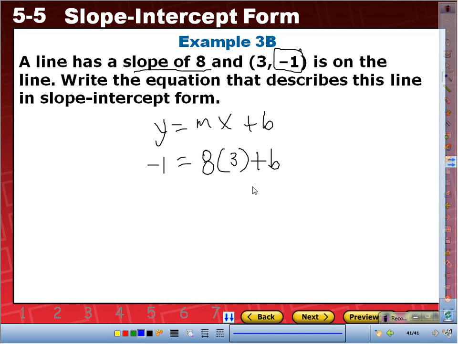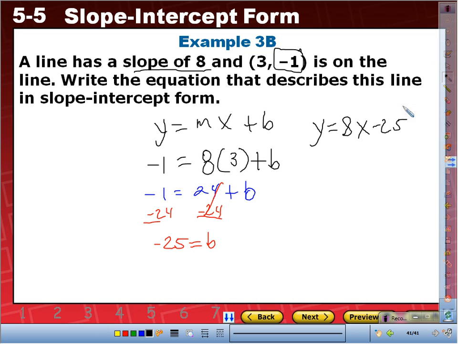Now we simplify and solve for b. So this is negative 1 equals 24 plus b. To solve for b, I subtract 24, subtract 24. So therefore, negative 25 equals b. Now can we write our equation? Yes. y equals 8x minus 25. Hands if you got that?